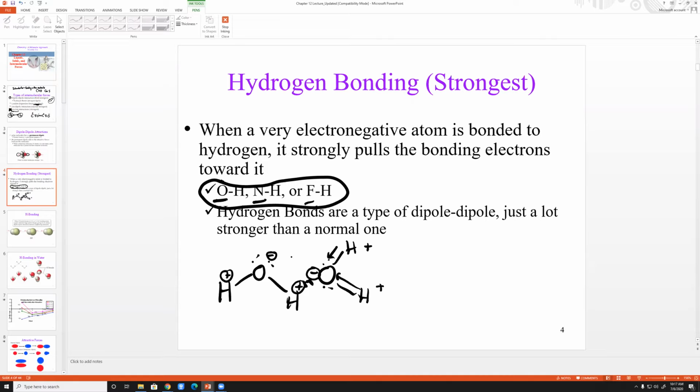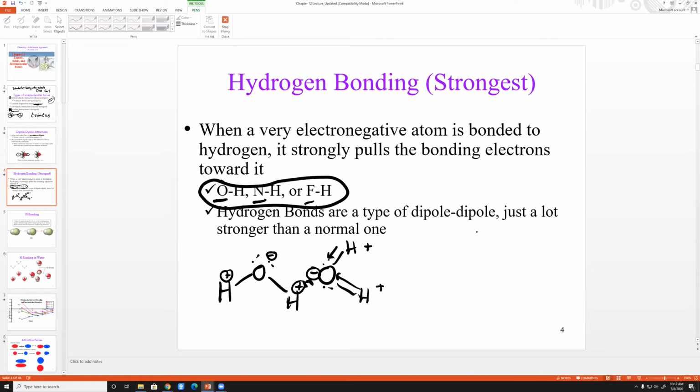Because that is the only way for this unequal distribution of electrons between your more electronegative and your less electronegative atom to be large enough to create a very strong force, which is a hydrogen bond, only with these three atoms: oxygen, nitrogen, and fluorine.